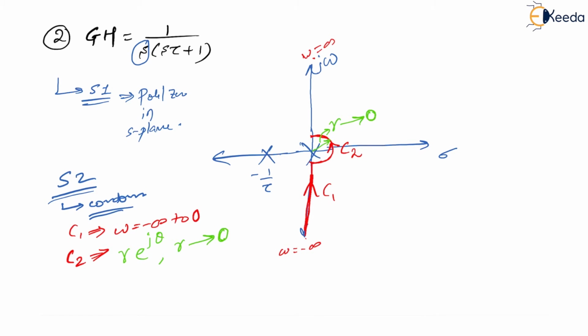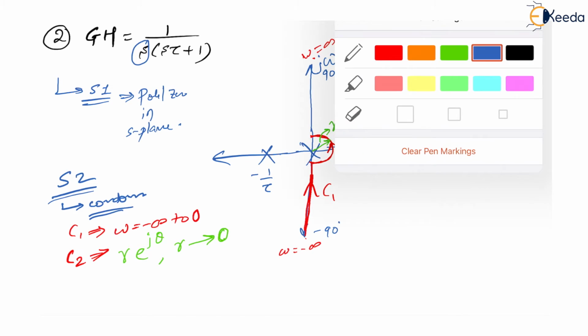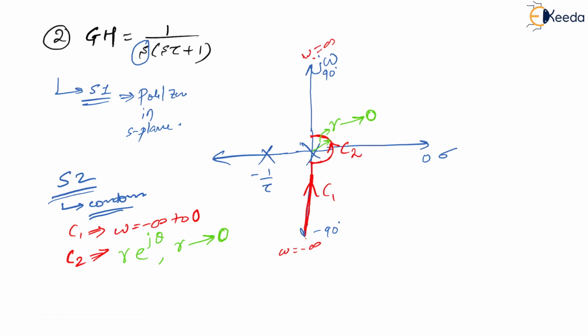Now, what about the angle? If you see, this is 0 degrees, then this is plus 90 degrees, and this is minus 90 degrees. I am moving in this direction. C2's direction is from minus 90 degrees to 0 and then again to plus 90 degrees.